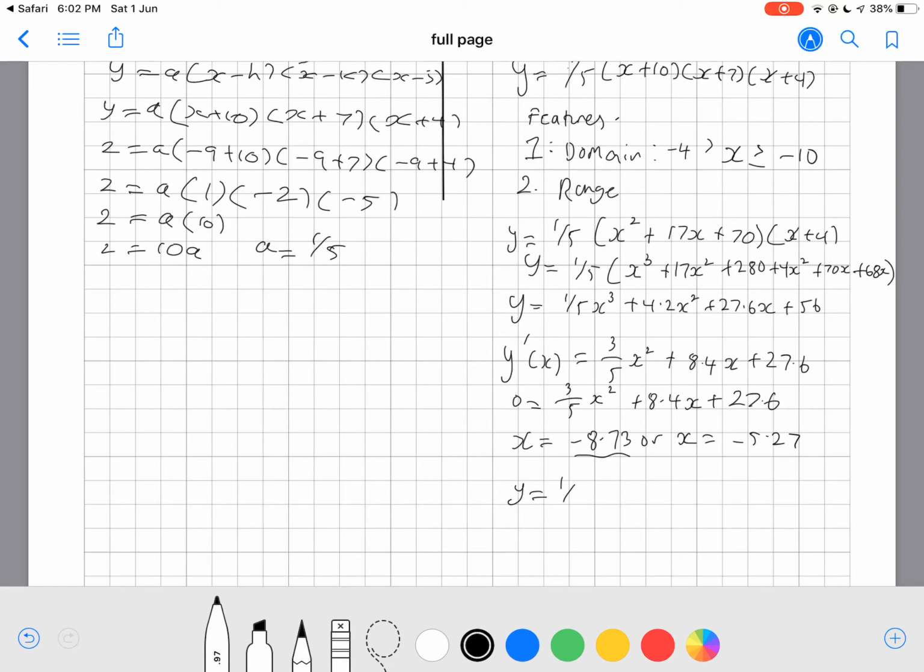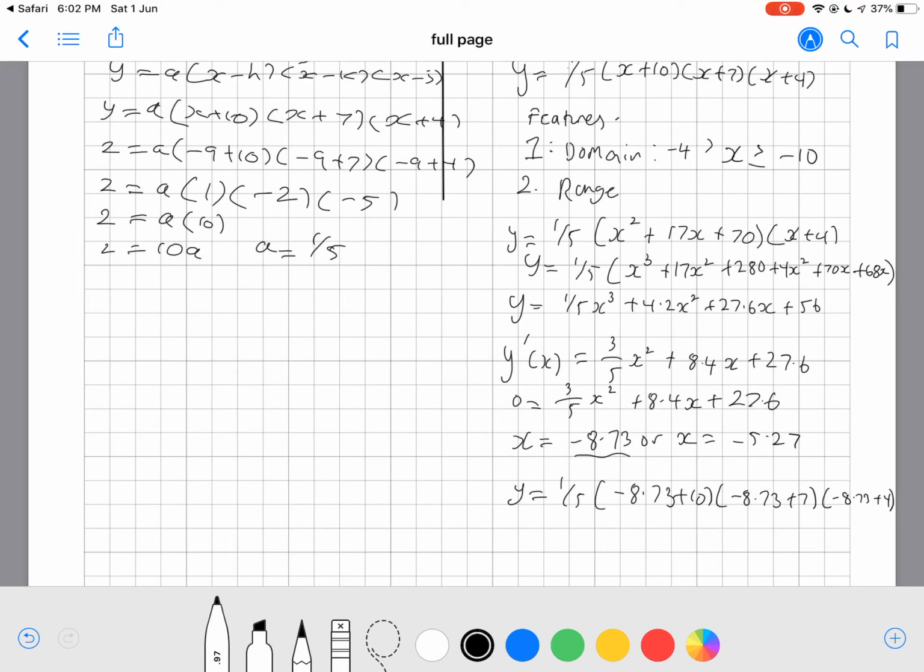We'll say y equals 1/5, negative 8.73 plus 10, multiplied by negative 8.73 plus 7, multiplied by negative 8.73 plus 4. If you plug this into a calculator, you just say 1/5 times negative 8.73 plus 10 multiplied by negative 8.73 plus 7 multiplied by negative 8.73 plus 4.